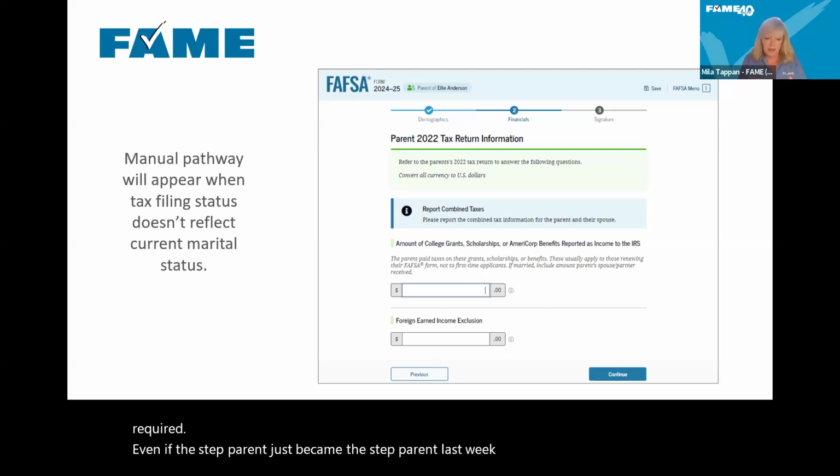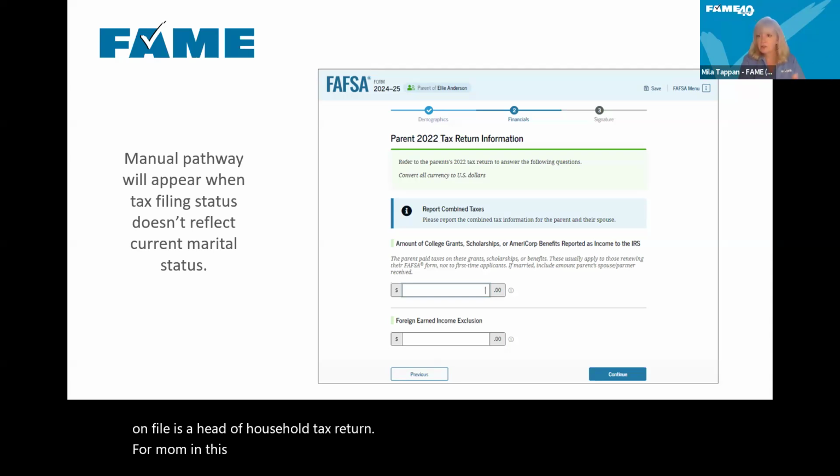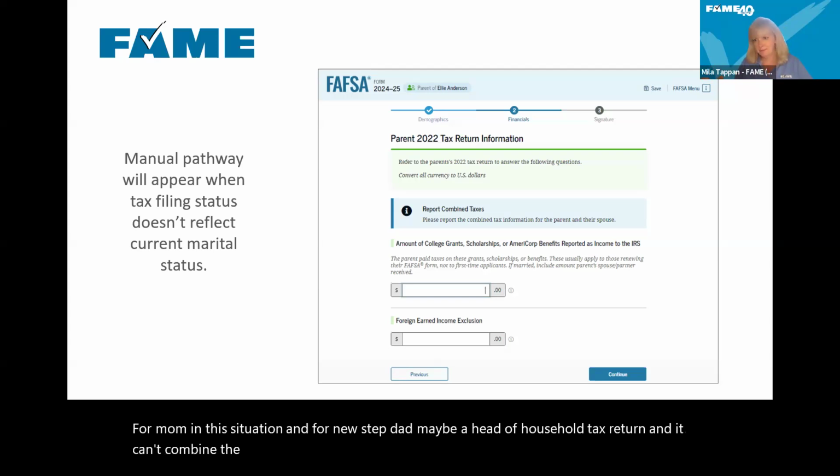But in that situation, what's on file is a head of household tax return for mom, and for new stepdad, maybe a head of household tax return. And you can't combine the 2. Okay? So whenever marital status is inconsistent with tax filing status, people are going to have to enter their income information manually.